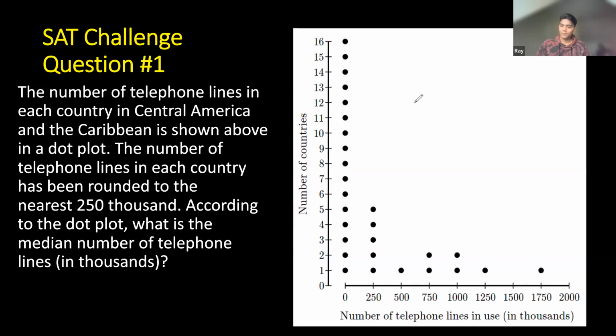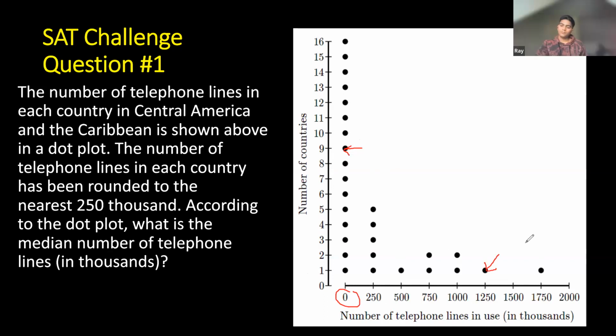So each dot represents a country, right? For example, this country, how many telephone lines does it possess? 0 telephone lines. And this country out here has 1,250,000 lines, right?